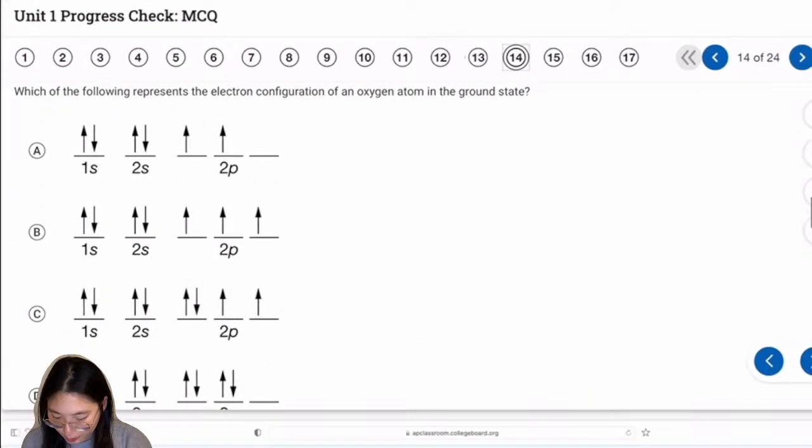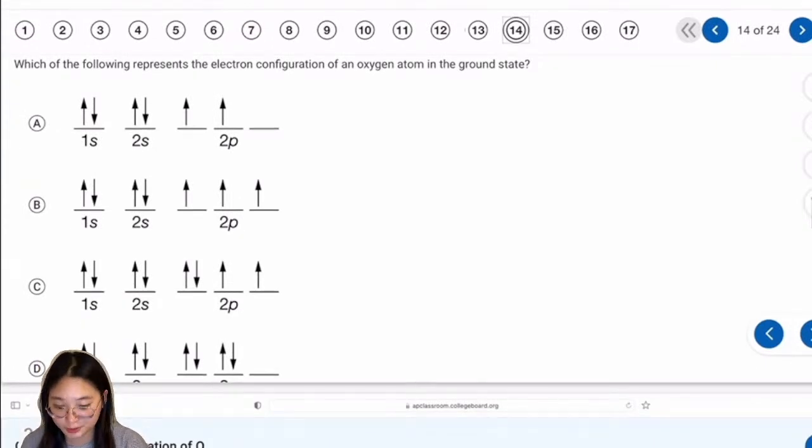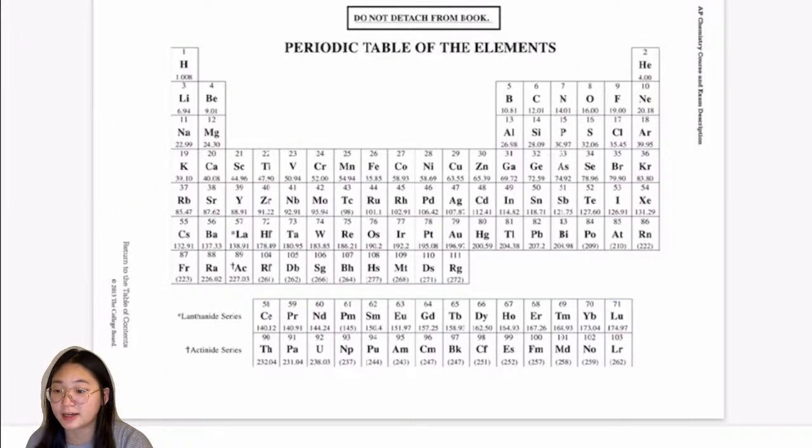Okay, which of the following represents the electron configuration of an oxygen atom in the ground state? So first off, I need to determine how many electrons oxygen has.